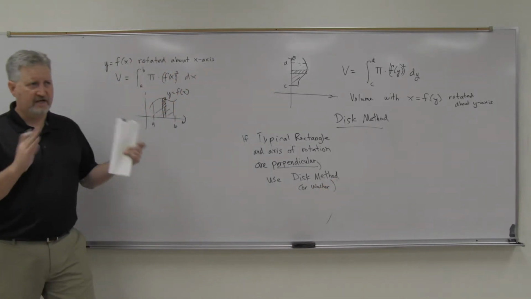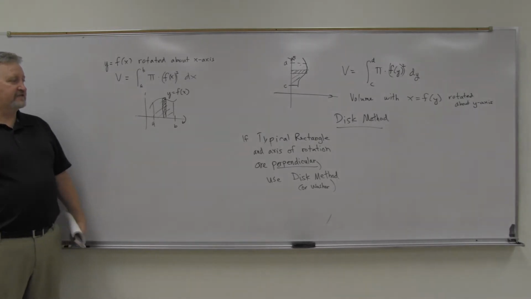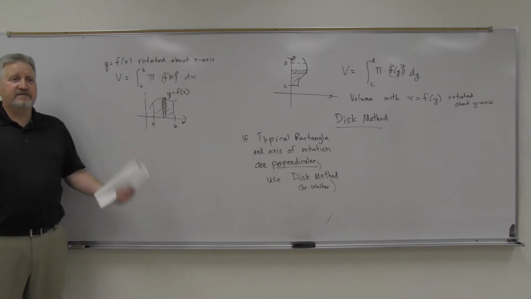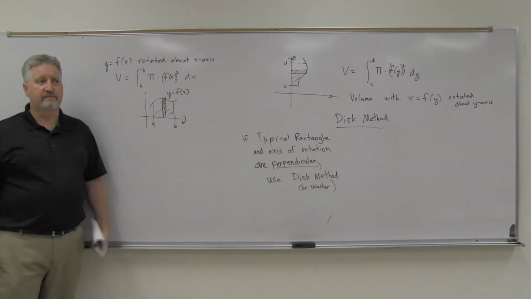Washer method, remember, is if you're going between two functions. But if the typical rectangle and axis of rotation are perpendicular, then use the disk method. So if it doesn't tell you which method to use, this is how you decide.